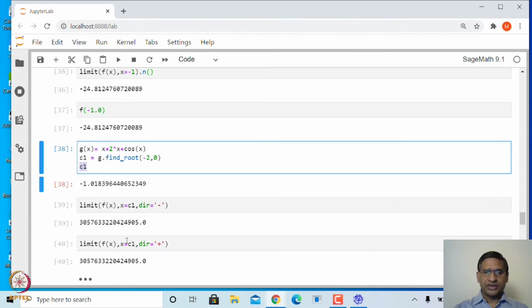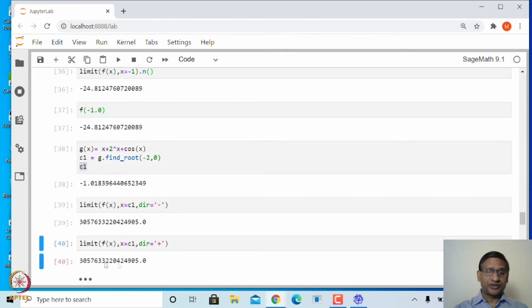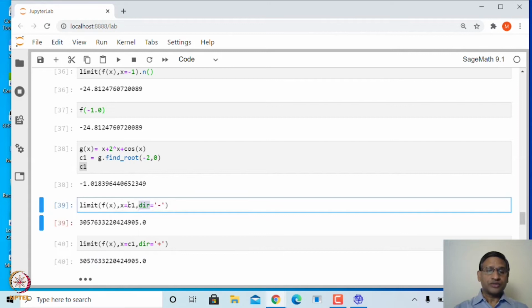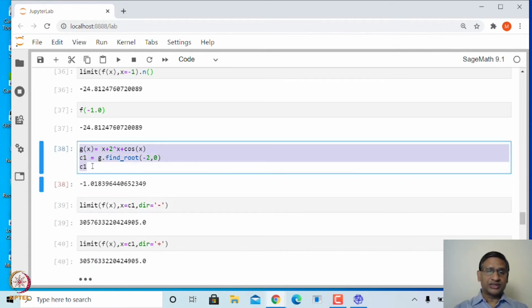It lies very close to the actual root, but it is to the left of the actual root. That is why at this point the function actually has a limit, equal to quite a large quantity. So this also tells you that when you have found this numerical approximation, that is not the exact value, and that is where the left hand limit and right hand limit are becoming the same.